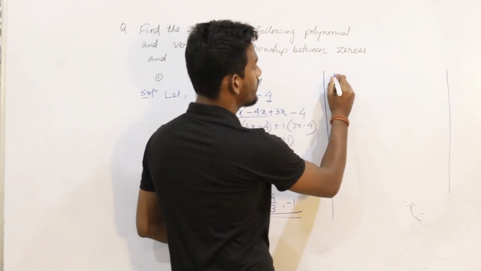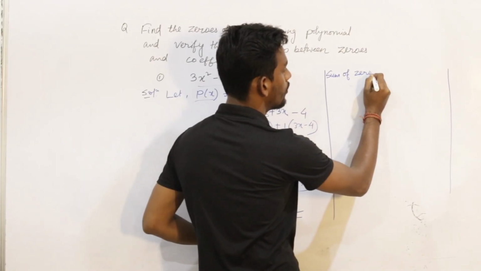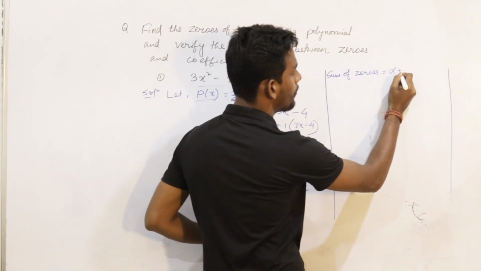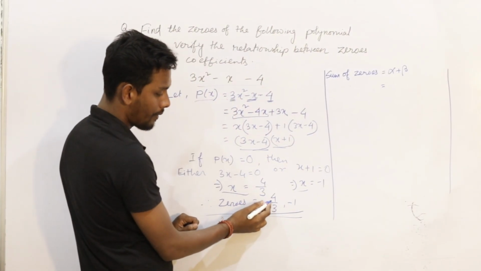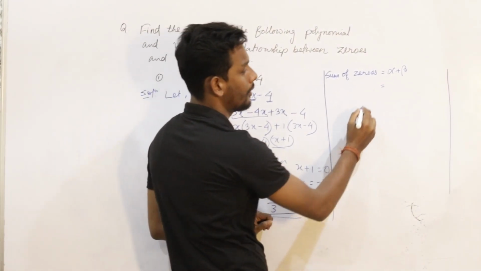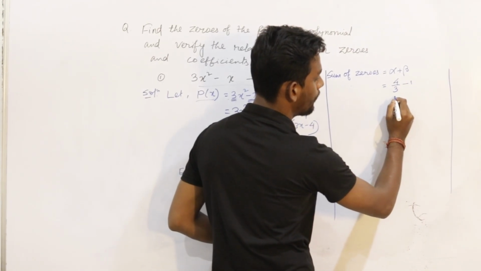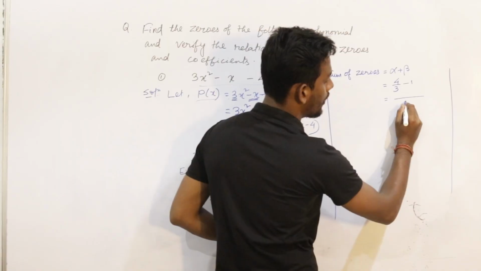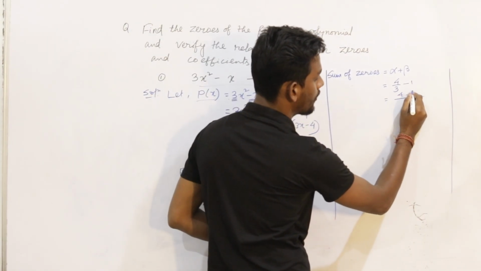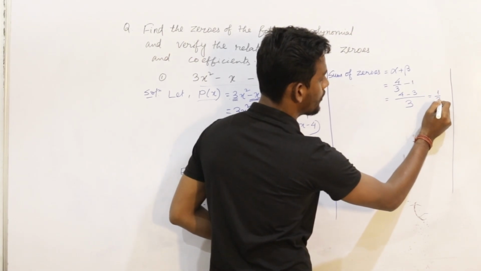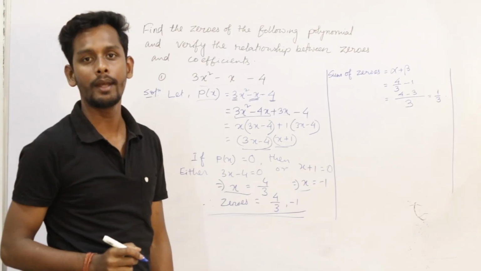The relation was the sum of zeros, that is alpha plus beta. So what is alpha? Alpha is 4 by 3 and beta is minus 1. So you have to write 4 by 3, beta is minus 1, so plus minus 1. The LCM is 3. Here 4 minus 3, that is 1 by 3. Now we know that alpha plus beta is minus b by a.